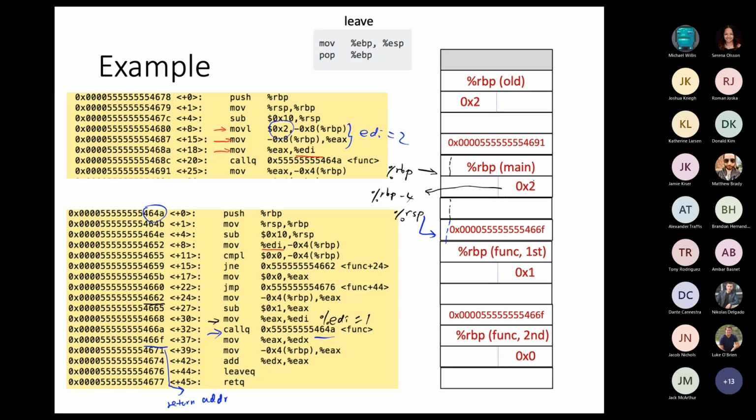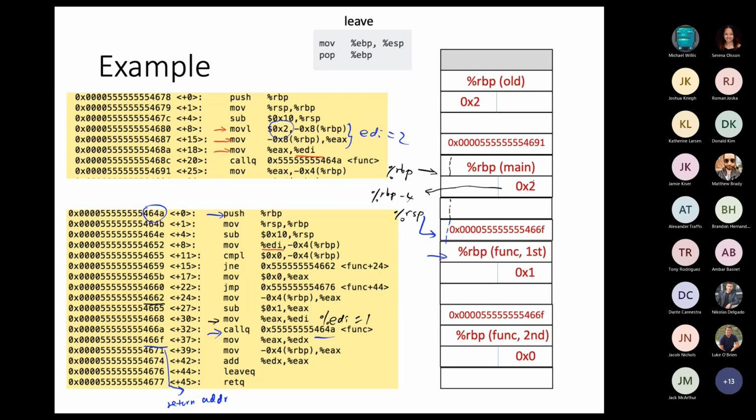We need to go back to the first one. We need to put RBP on the stack again. We talked about this instruction. It is a callee-saved instruction. It's trying to preserve the original RBP. So in this case, you can see when we push RBP on it, we have the RBP right here.